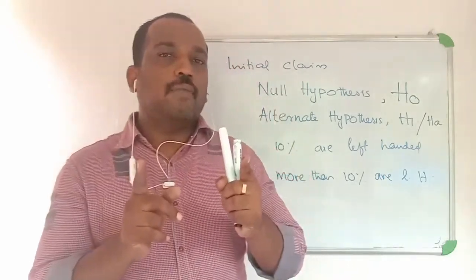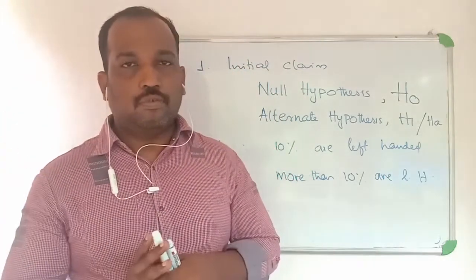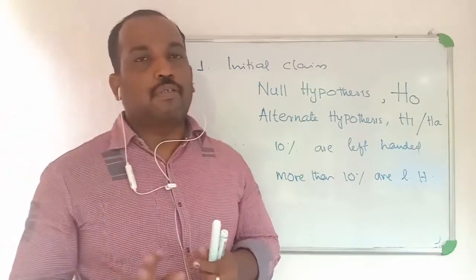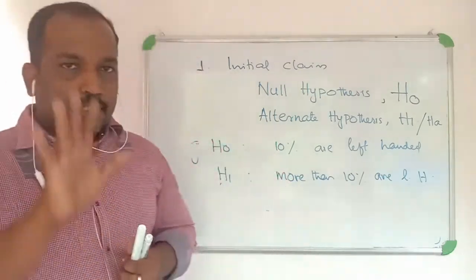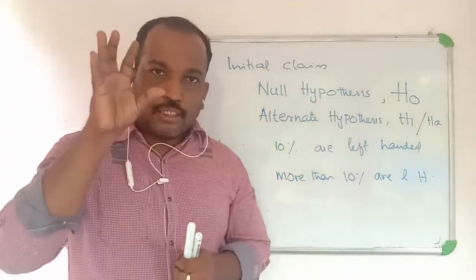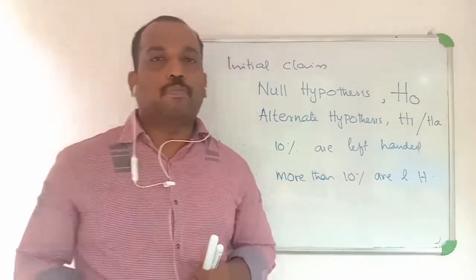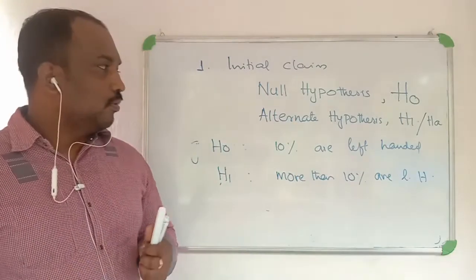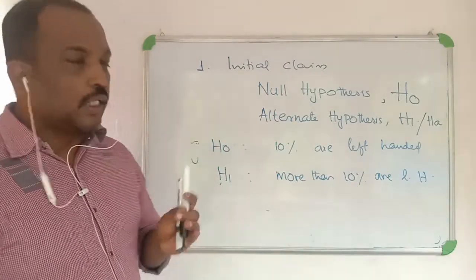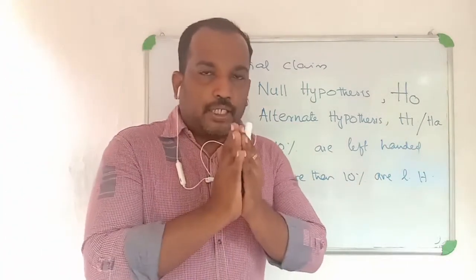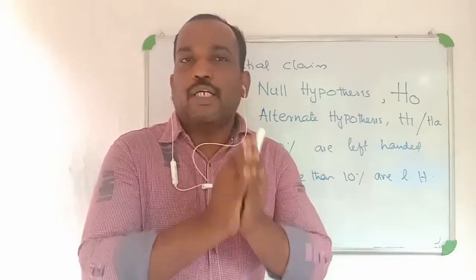When you make a claim, it should be 90 or above, suitably 95. That confidence level, or significance level, will be provided in every question paper, in every question. So when you are preparing a claim, there should be a confidence level.